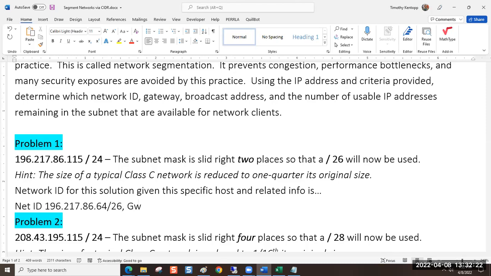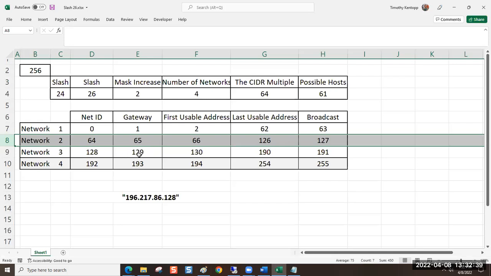Gateway 196.217. You understand what I'm saying now? So I'm referencing this template. These templates will help you no matter what you're doing. If you're breaking bigger networks into smaller networks, you can use these to get all the information you need.